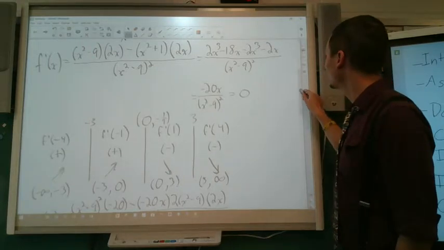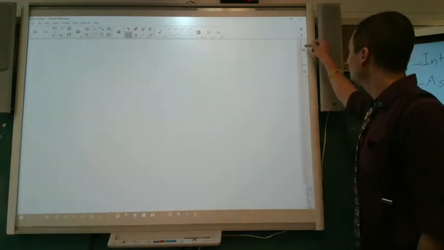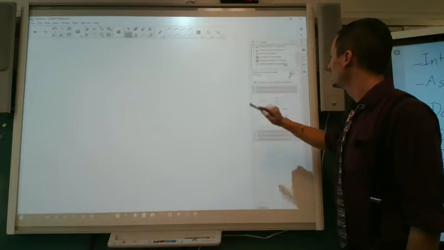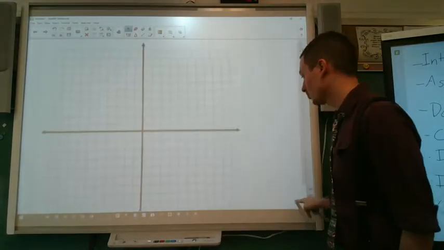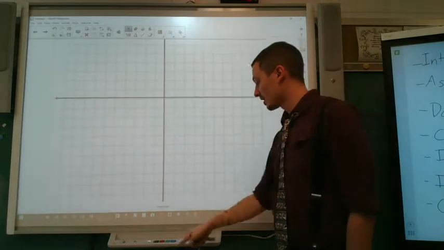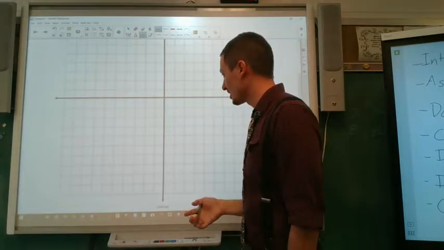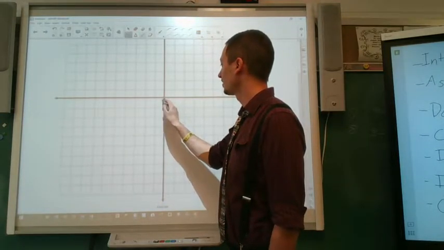Great. Let's graph this now. So, new page. Pull out some graph paper. Boom. Great. All right, so we have a y-intercept at 0, negative 1/9.